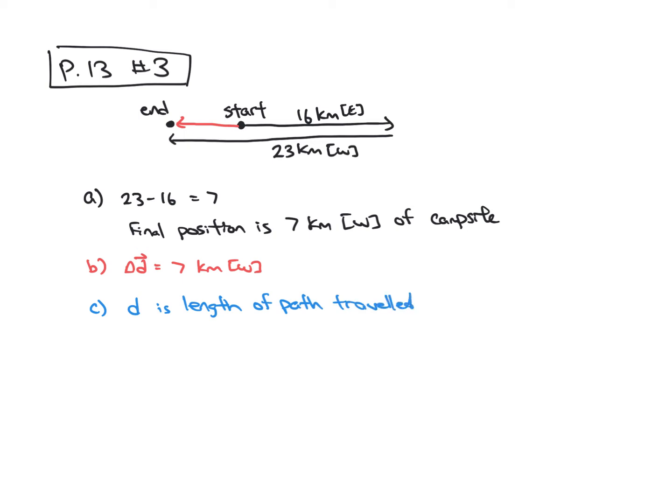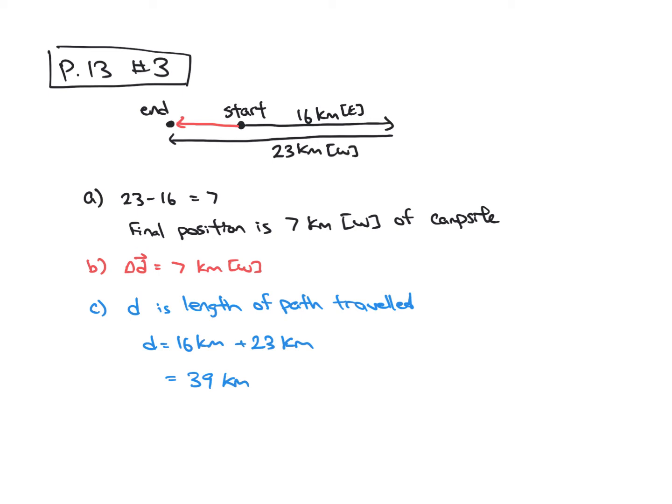So it's the entire path now. So that would equal the 16 kilometers plus the 23 kilometers. That's the length of the entire path that was traveled. They went to the east and then they turned around and went to the west. You got to add all of that together to get the entire path. That makes 39 kilometers.